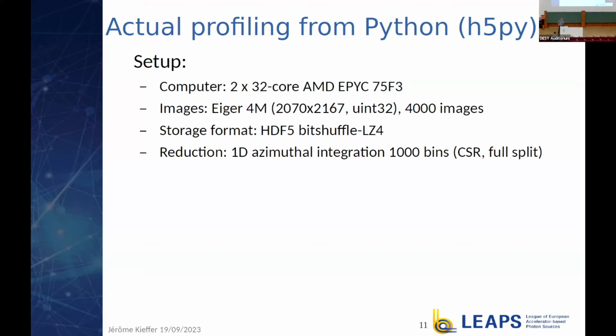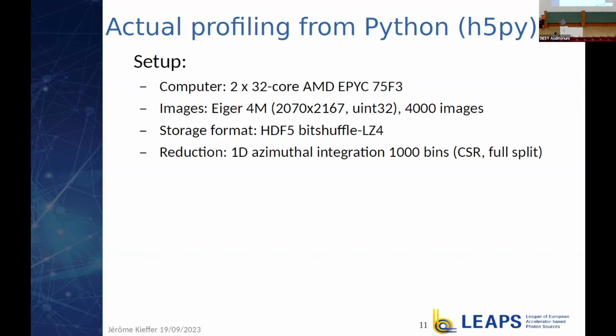So I took the latest computer we had at that time, last year. It's a 2 times 32 cores AMD high-end server. And I took Eiger 4M images, a bunch of 4,000 images, just to have something representative.